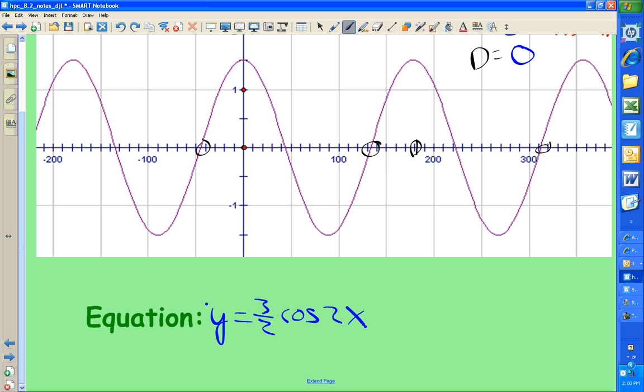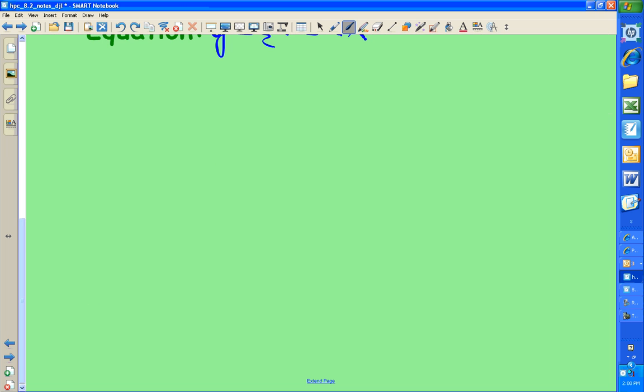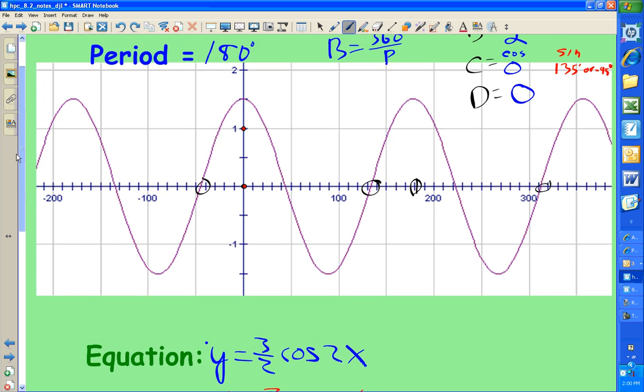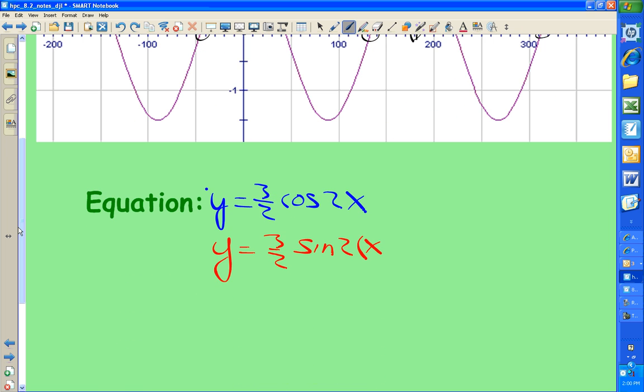If you were to write a sine function, you would have y equals 3 over 2 sine 2 times x minus 135, and then d doesn't change, or y equals 3 over 2 sine 2 times x plus 45.